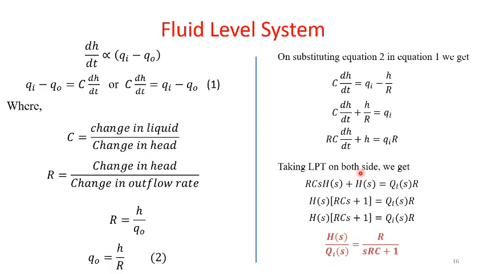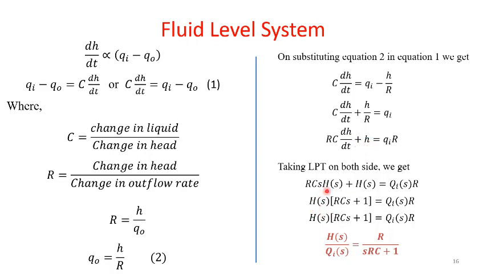Taking the Laplace transform on both sides, we get RC S H of S plus H of S equal to Qi of S into R. Why? Because these are time dependent, so functions of t.